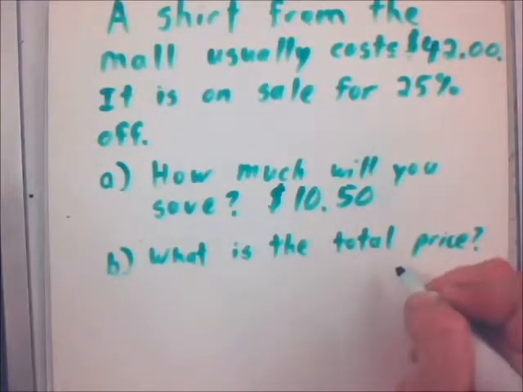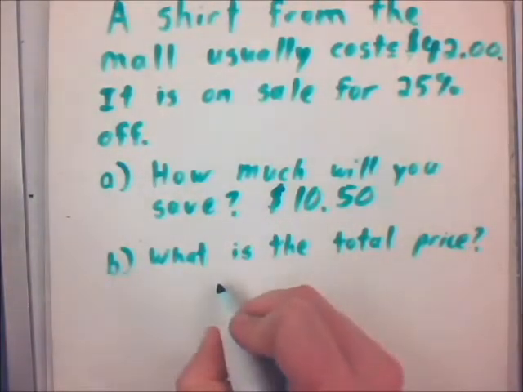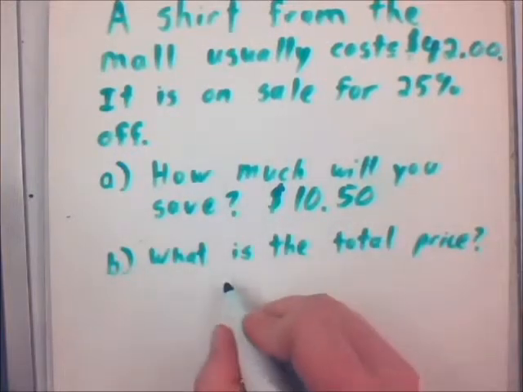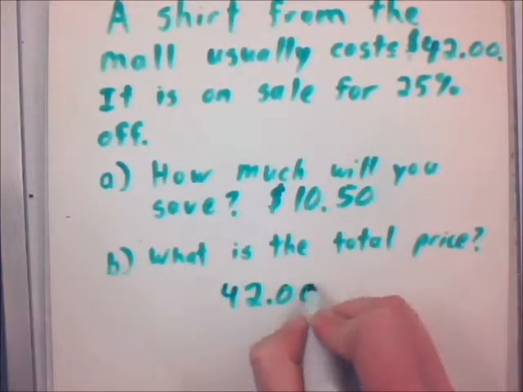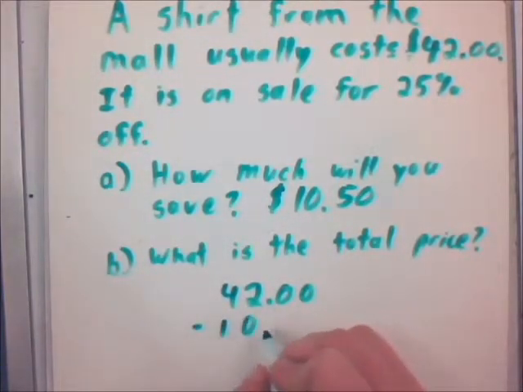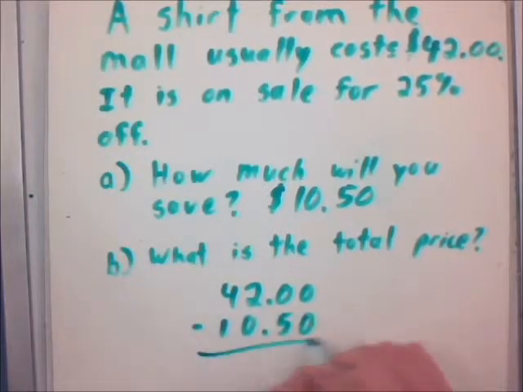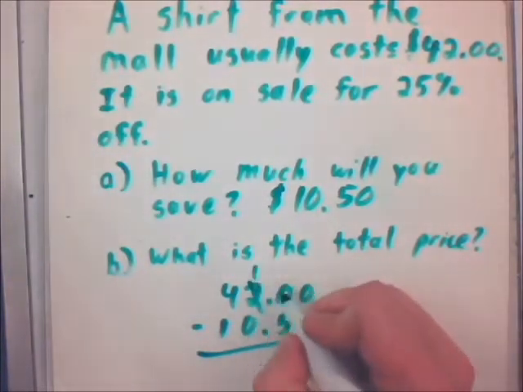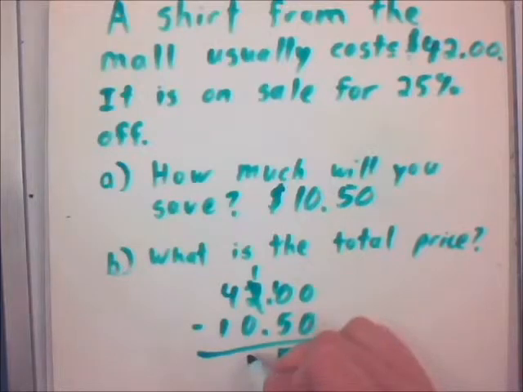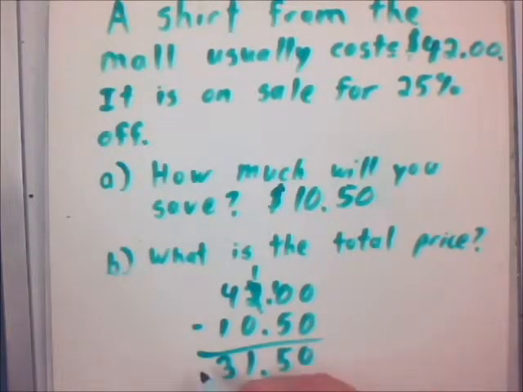So the second question is, what is the total price? In order to do that, I've got to take the original cost of $42 and subtract the amount I'll save, $10.50, and that will give me my final total. And my final total will be $31.50.